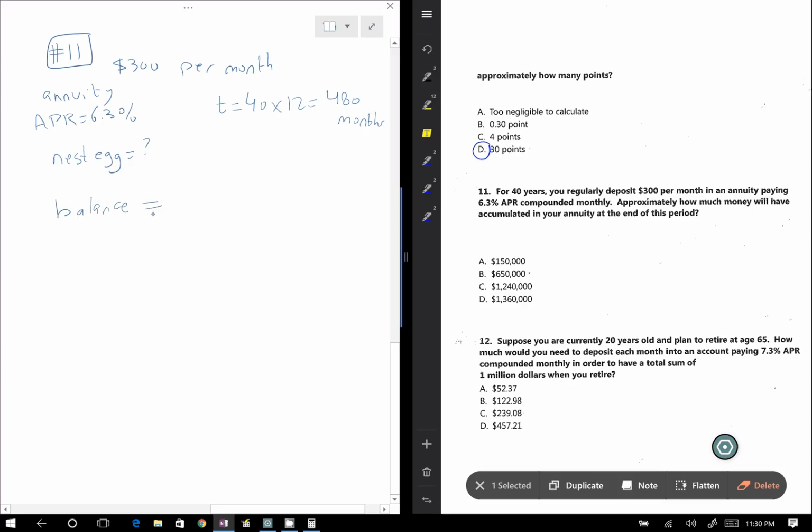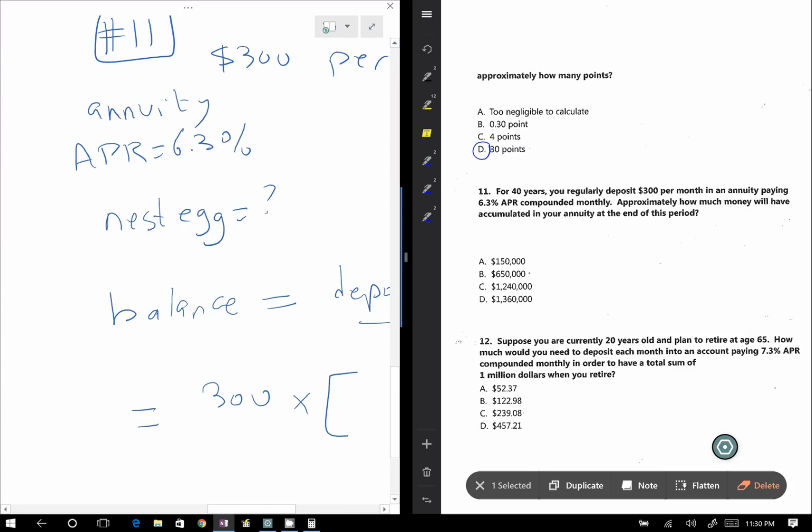Balance is equal to deposit multiplied by 1 plus r raised to the power t minus 1, and all divided by r. Deposit $300 per month multiplied by, let me do the r, r is equal to 6.3 divided by 12 divided by 100.